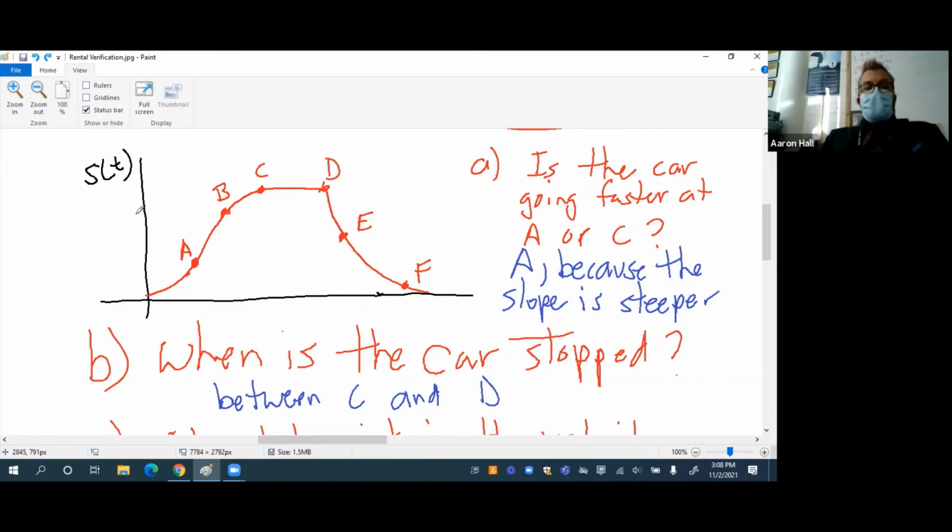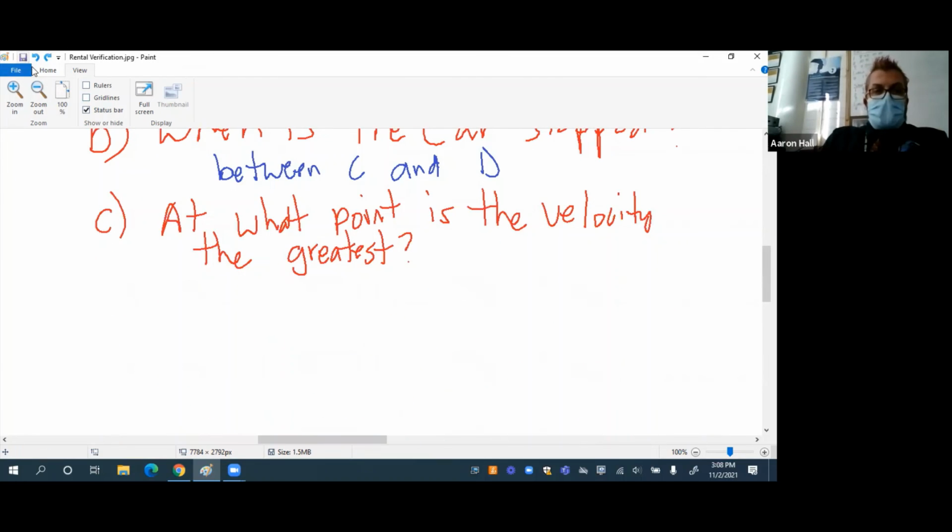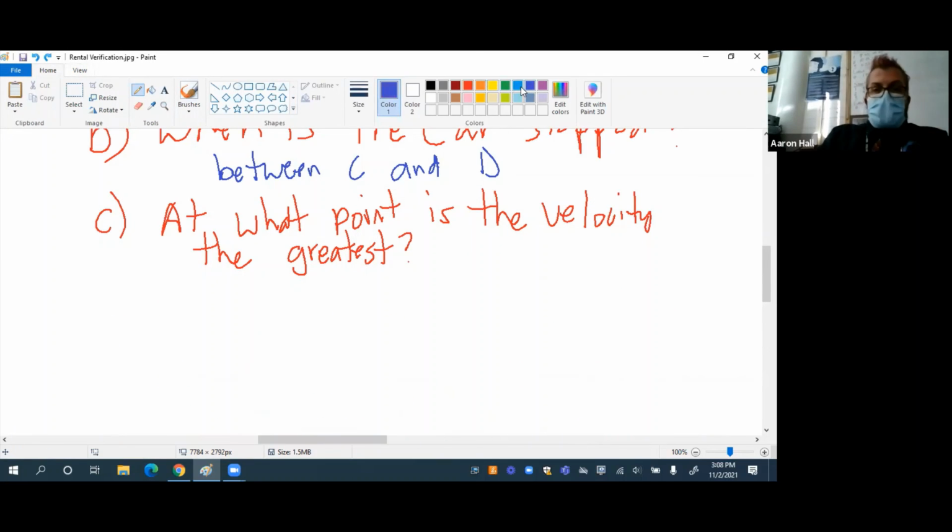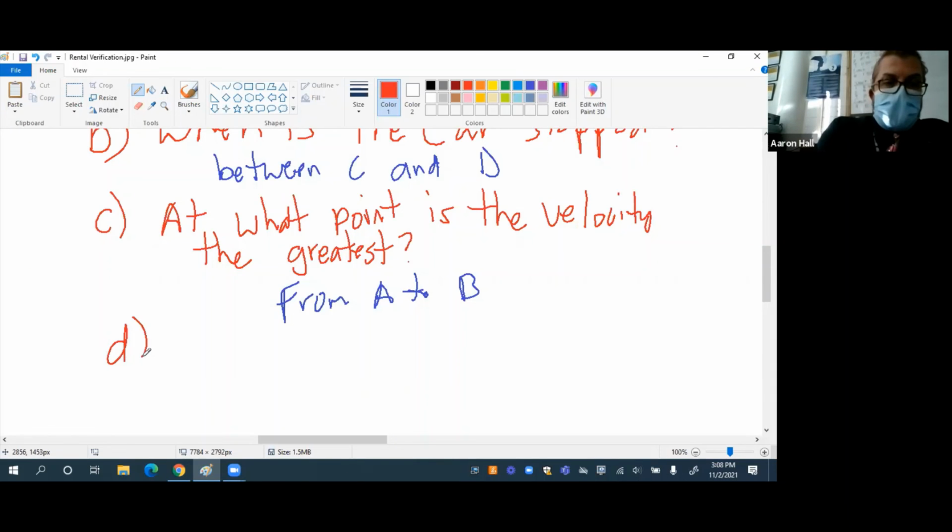A positive number. So where do we have the greatest velocity? Maybe A or B, yeah. From A to B is the greatest velocity. And then the last question is, where do we have the greatest speed?